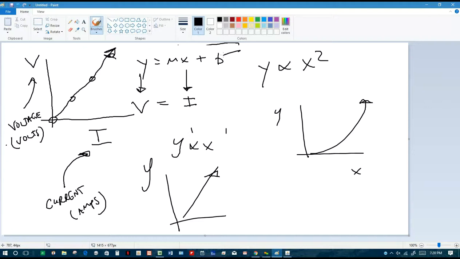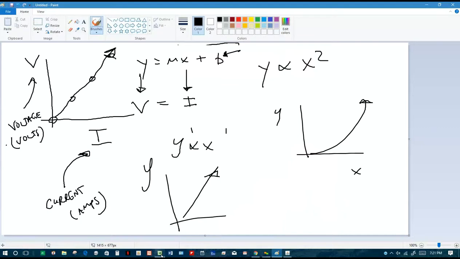What is this thing called B in math class here at the end of y equals mx plus b? The y-intercept. What was our y-intercept from our data? It's exactly 0. I don't mind showing you again.